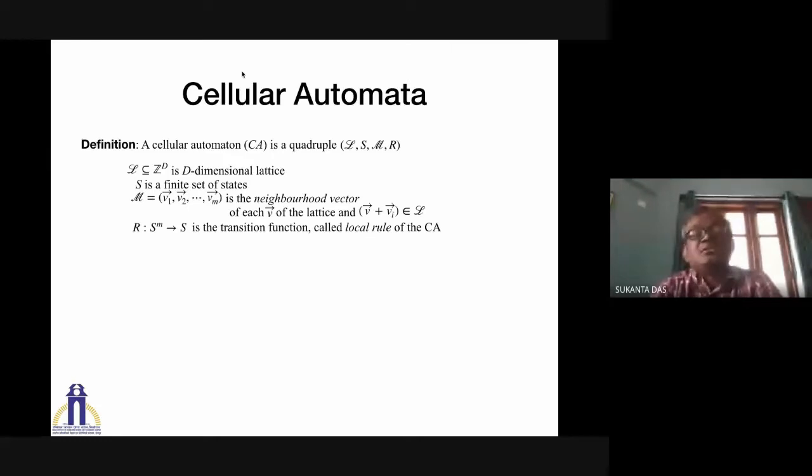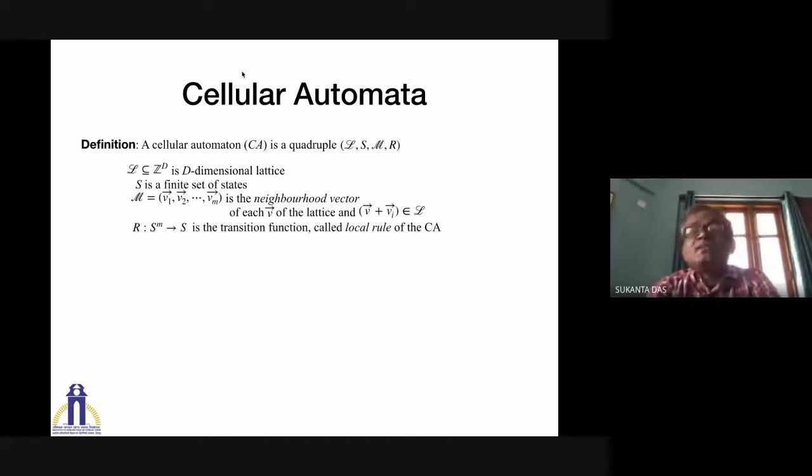Here we are writing L subset of Z to the power d, meaning sometimes it can be equal to Z to the power d, sometimes a subset of Z to the power d, because when we introduced finite cellular automata, in that case L is a finite subset of Z to the power d. To cover all these things, we have written it this way. So it's a lattice.